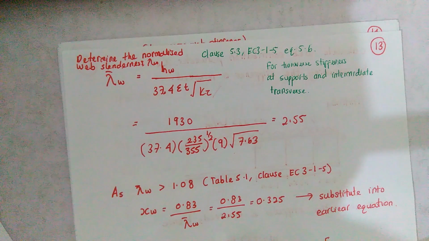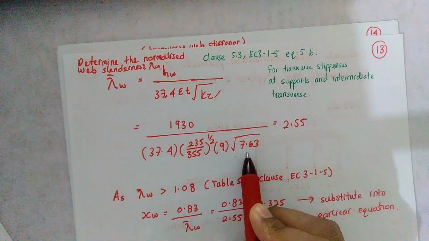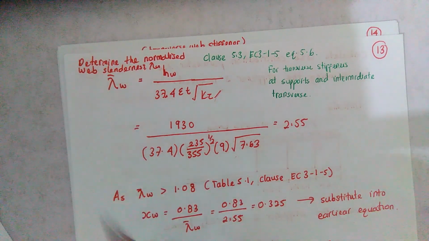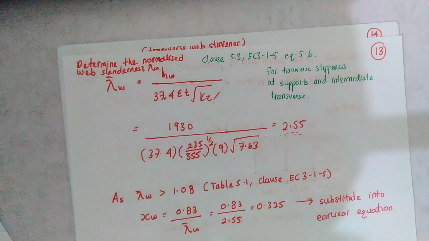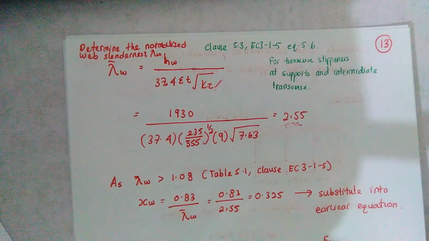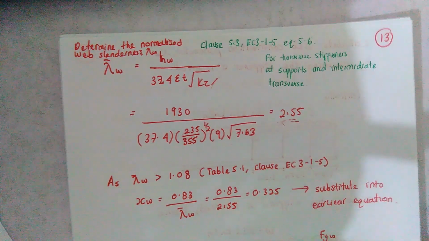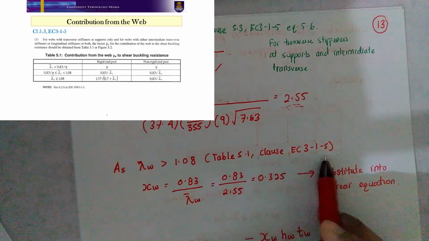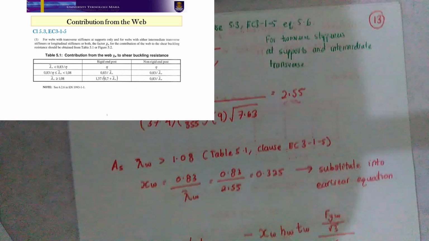Okay. Now, since we already have this value, which is 7.63, we are now able to get the value of the slenderness parameter, which is 2.55. So again, as we have carried out in the shear buckling resistance checks, you go to Table 5.1, clause EC3 Part 1.5, to check which conditions suit your lambda.